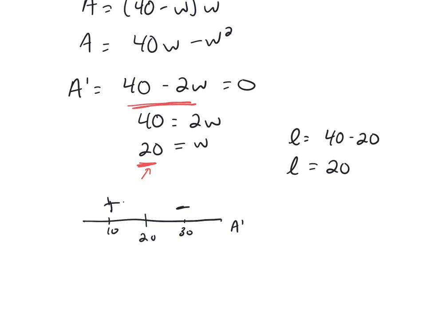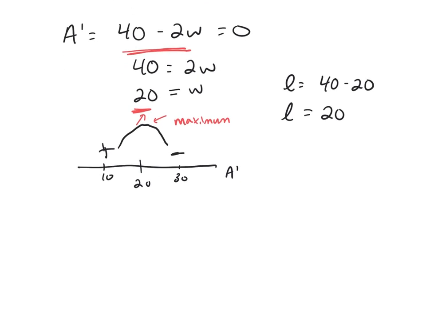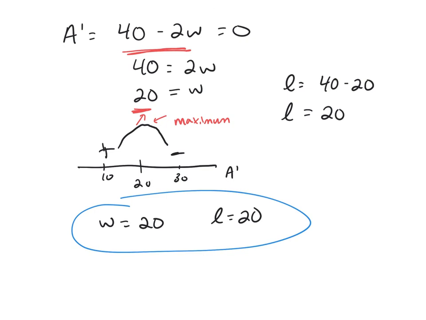So my function was increasing, but then switched to decreasing, which means that this right here, this 20, is a maximum. So you've verified that this does maximize your area. So the width should be 20 and the length should be 20. So actually, the rectangle should be a square.